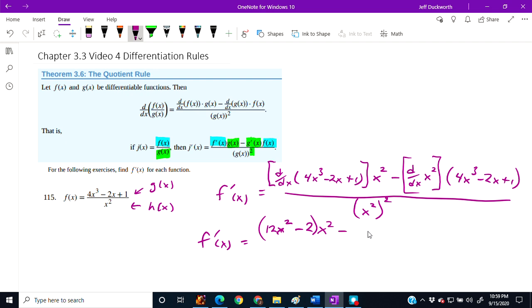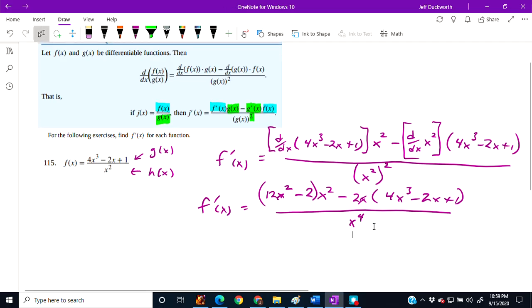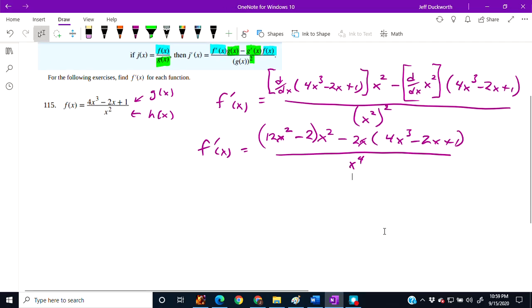And then we leave the x squared, and then the derivative of the x squared is 2x. We're going to multiply that by that 4x cubed and so forth. And x squared squared is simply x to the fourth power. Let's clean this up a little bit since we can.